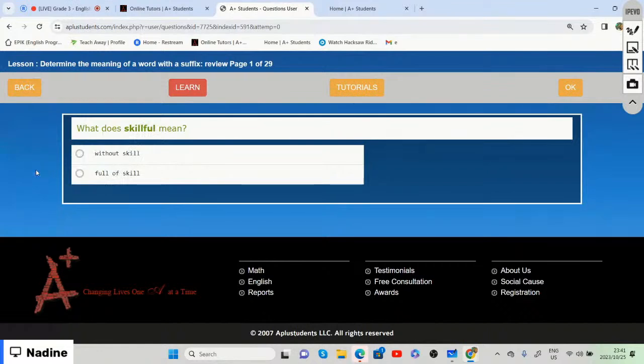You are skillful. Is it without skill or you are full of skill? All right, so we can then say skillful means you are full of skill, right?